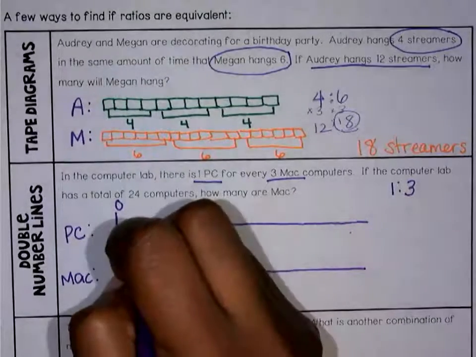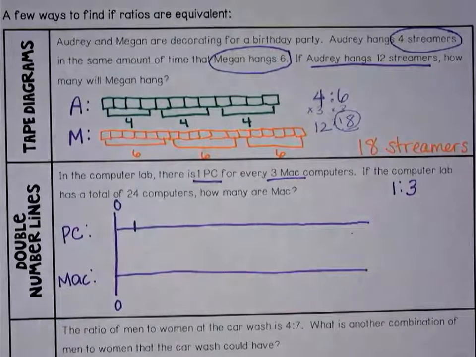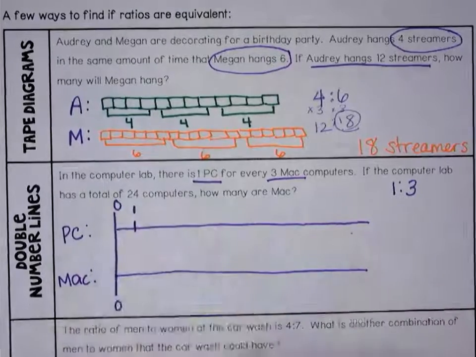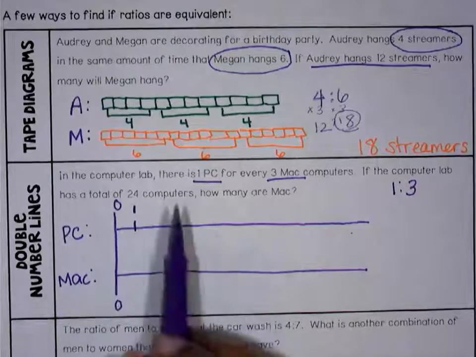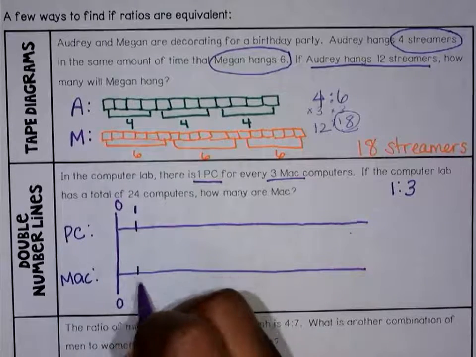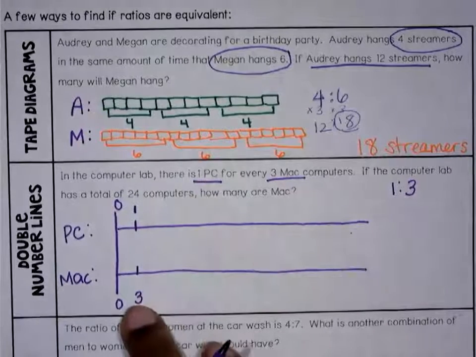If I have 1 PC, that's a little dash, like a tick mark. If I have 1 PC, I have 3 Macs, because for every 1 PC, there are 3 Macs.